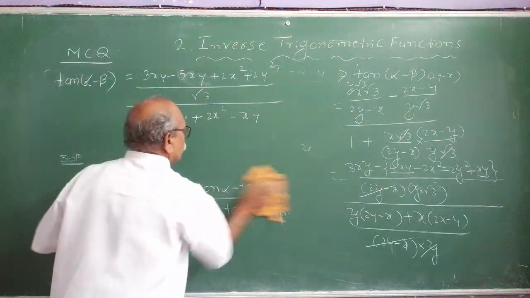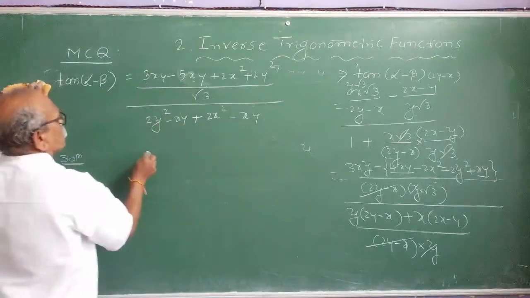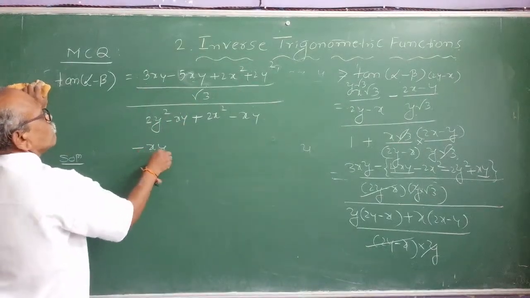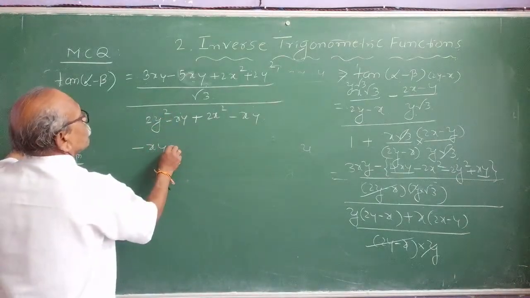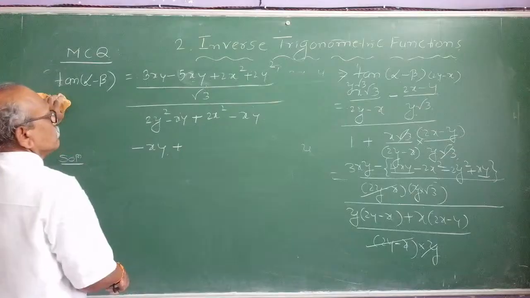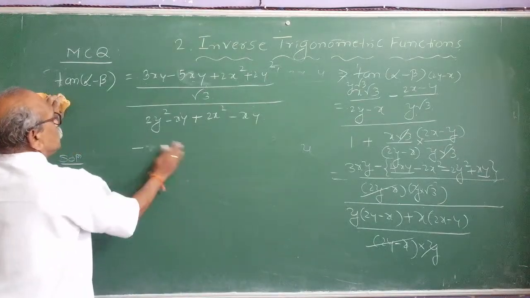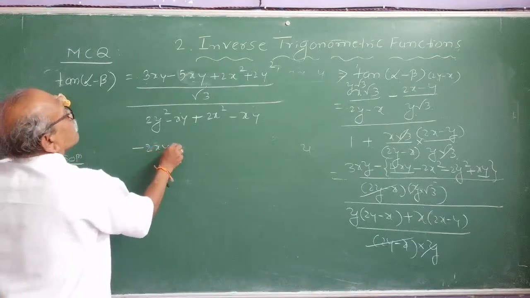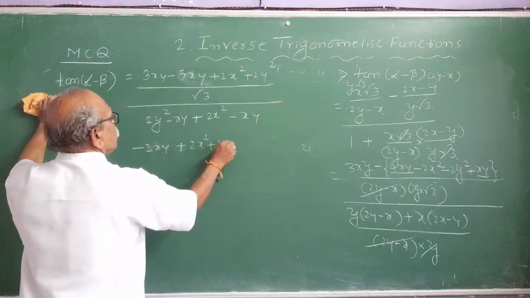Now continue, try to simplify this. What do you get here? 3xy minus 5xy becomes minus 2xy, plus 2x square plus 2y square.